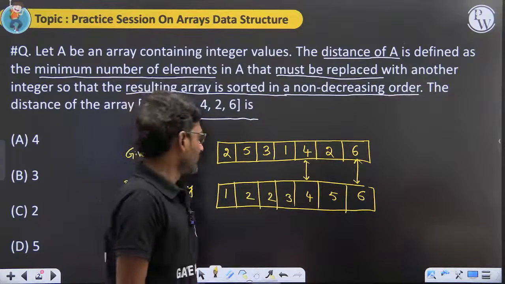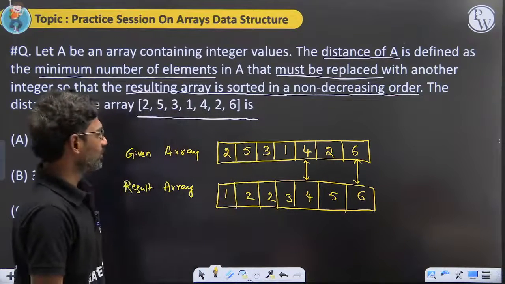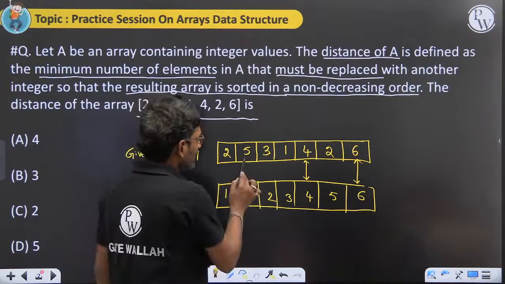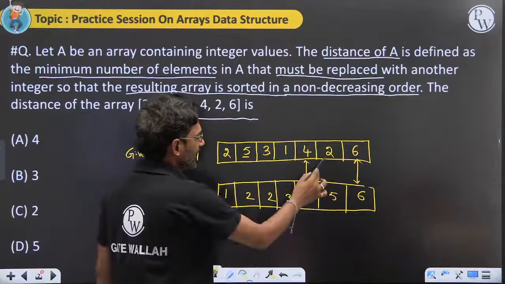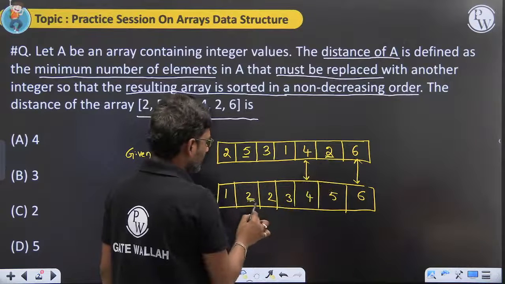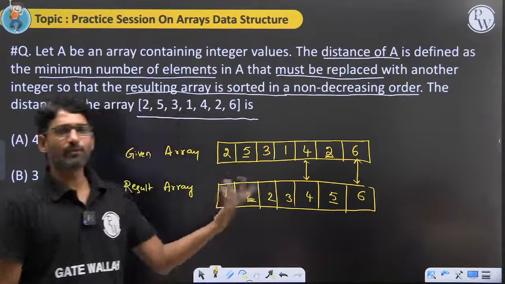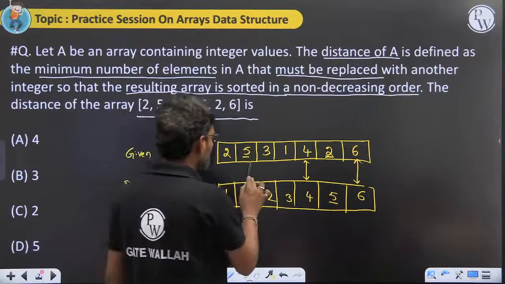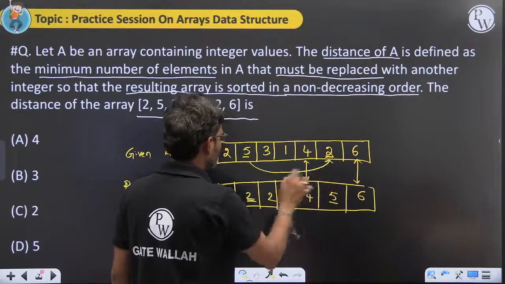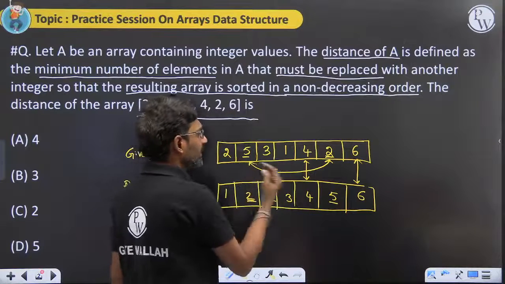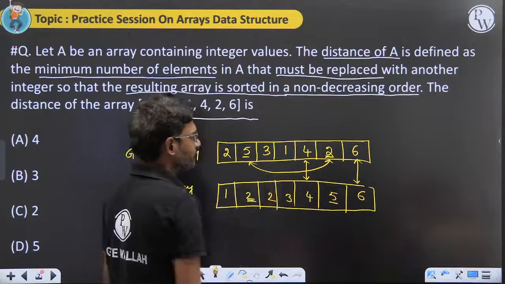Right? Now about the others, if you carefully observe, 5, 2 became 2, 5. That means if you can swap this, then 2 comes here, 5 goes there, right?